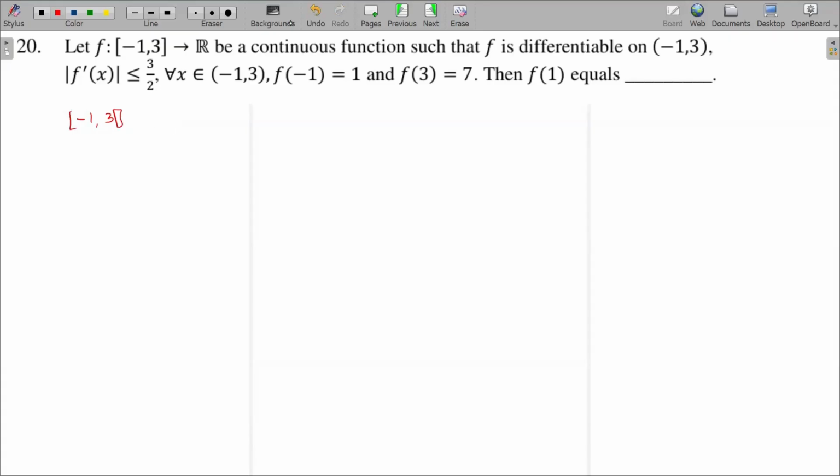Some f dash at some c equal to f3 minus f of minus 1, that is 7 minus 1, 6, divided by 3 minus minus 1, 4, that is 3 by 2. Correct. So there is already somebody taking the value 3 by 2. f dash takes the value 3 by 2 between minus 1 and 3. Fine. Now what to do?